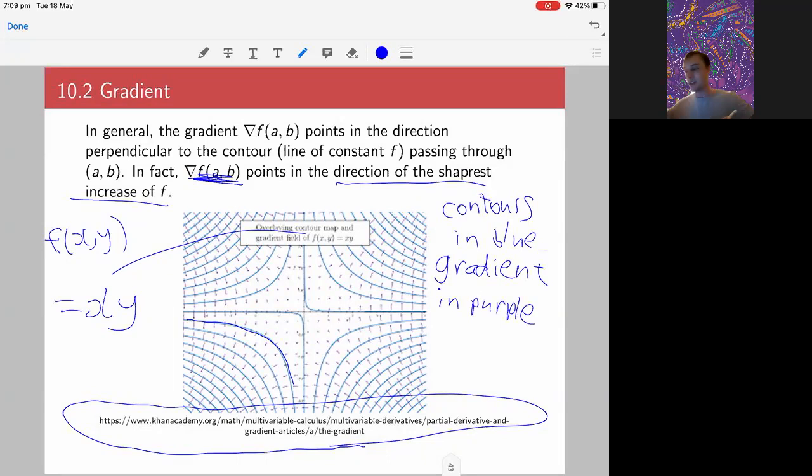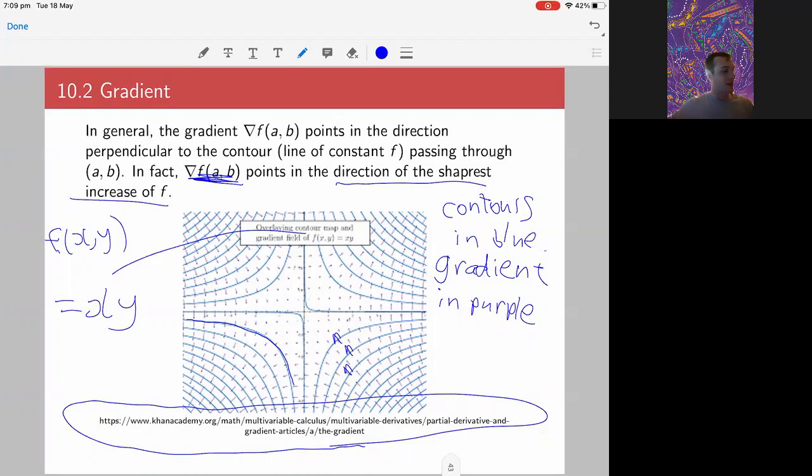Remember, the gradient is a direction, and so that's been put in here with purple arrows. What you may notice is that these purple arrows are always pointing perpendicularly to their contours. What this means is that this is actually pointing in the steepest possible direction to give us the greatest increase of the function f. It's this observation that makes the gradient an important thing to observe when we're dealing with optimization problems.